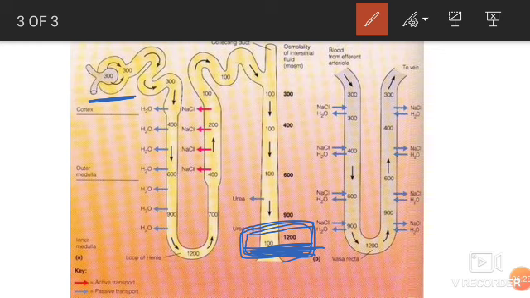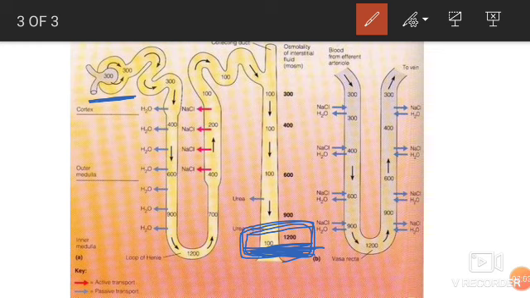Now when you see how the osmolality changes, the PCT is the main tubule which helps in reabsorption. So whatever blood is filtered out of the glomerulus into the Bowman's capsule, after moving out of the PCT, the osmolality does not change, because the amount of water and the amount of sodium reabsorbed is almost the same.